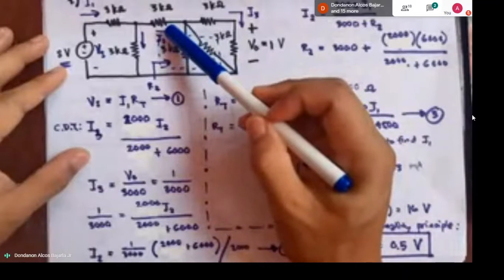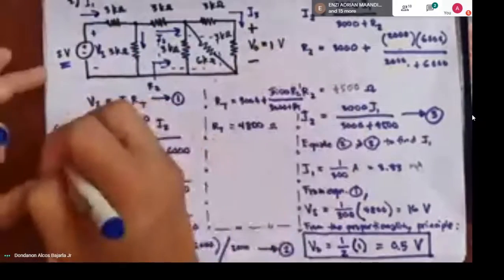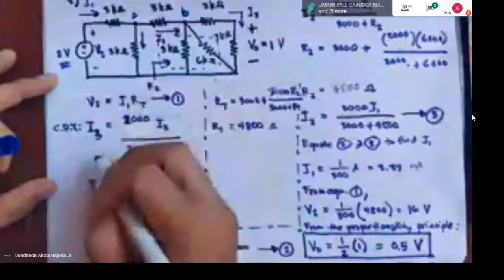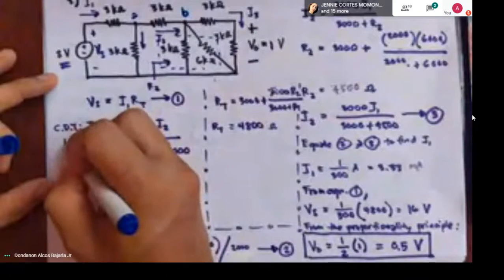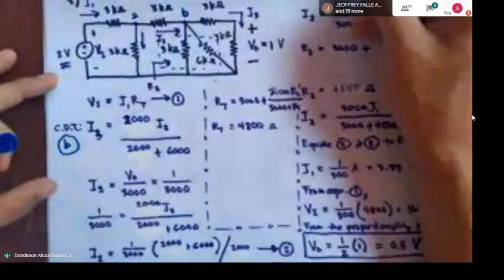Current division can also be applied at this node. Let's call this node A and B. So this is current division at node B, and then current division at node A.